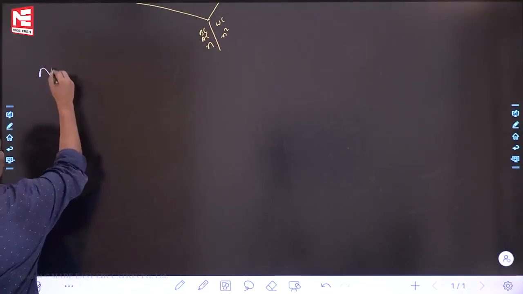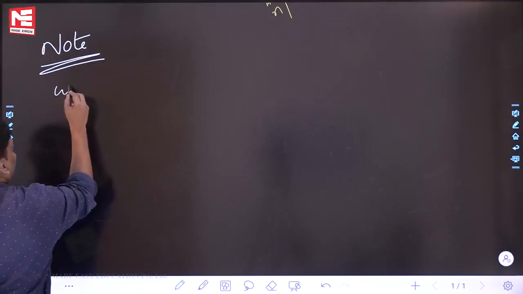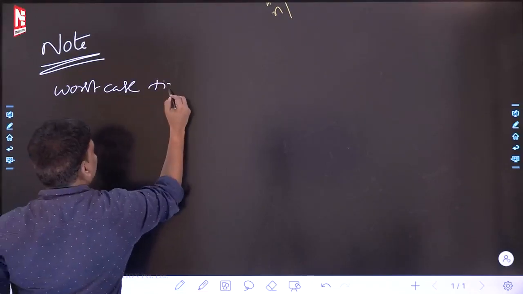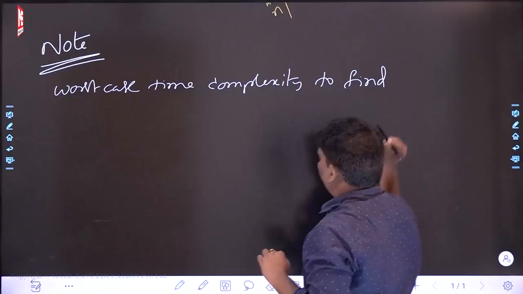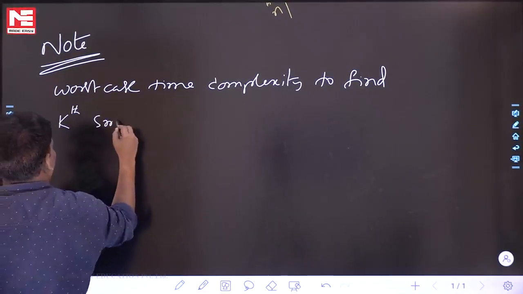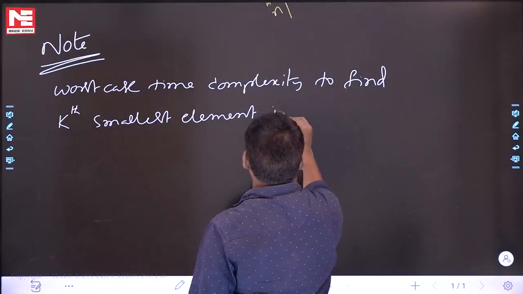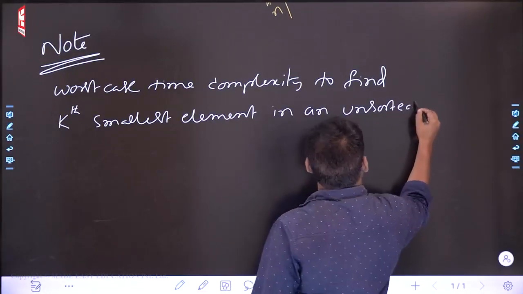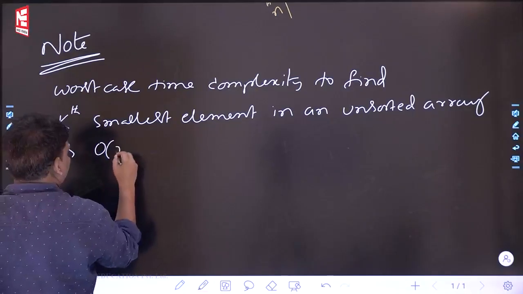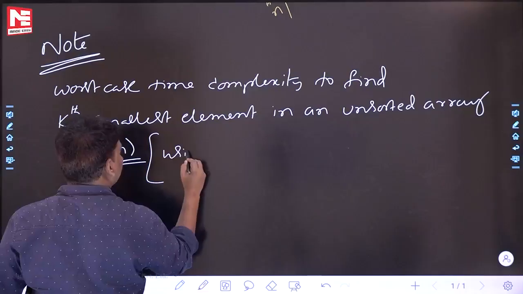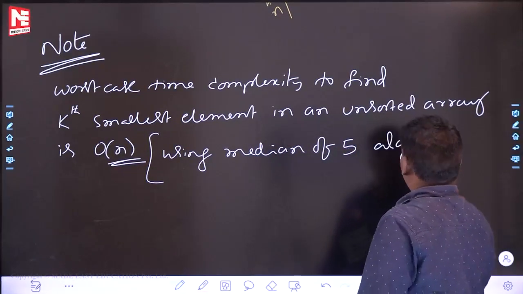Note: the worst case time complexity to find the kth smallest element in an unsorted array is order of n, using the median of medians algorithm. It is almost like the selection procedure, only a little bit different.